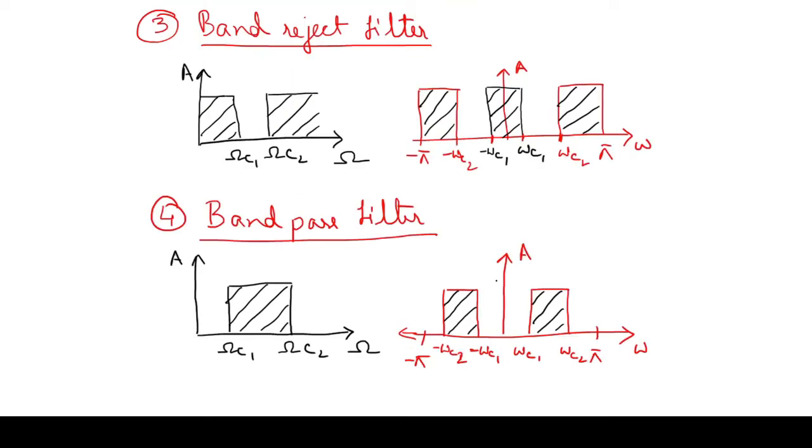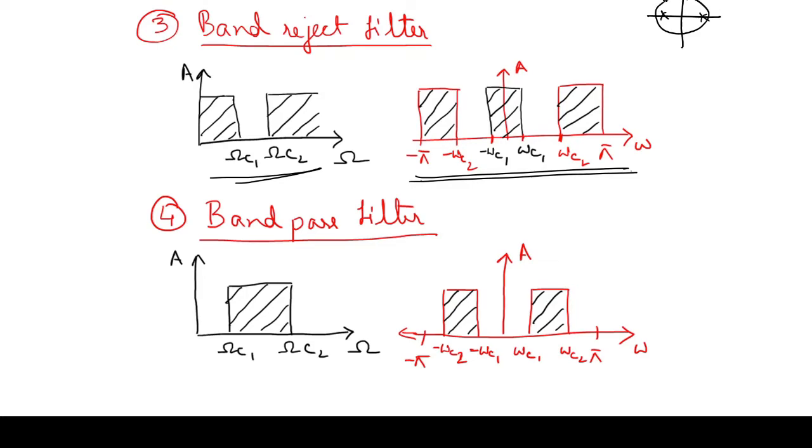Similarly, if you go for the band reject filter, it would be something like this in the analog domain, and something like this in the digital domain. So why is that so? In the simplest terms, band reject means a high pass filter and a low pass filter would be there, and there would be some stop region.